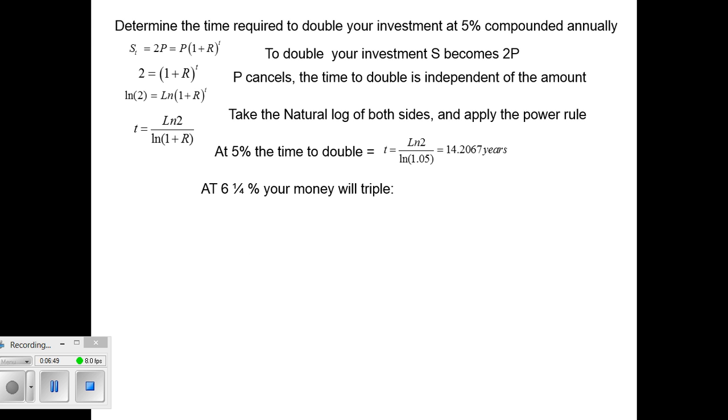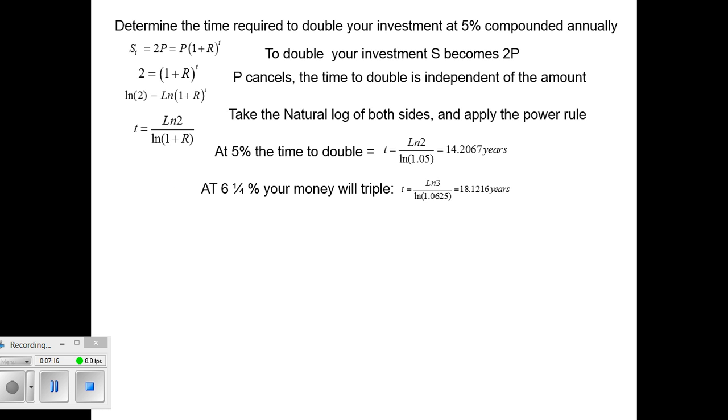What if we ask, how long will it take to triple your money at 6.25%? Again, the amount of money is independent, so that doesn't even enter in. We're going to come back up here and say we want 3P, so the P is going to drop out. All things being the same, it's just going to be the log of 3 divided by the log of 1 plus the rate.